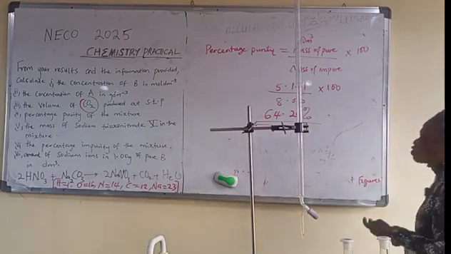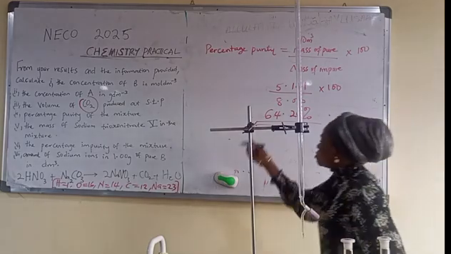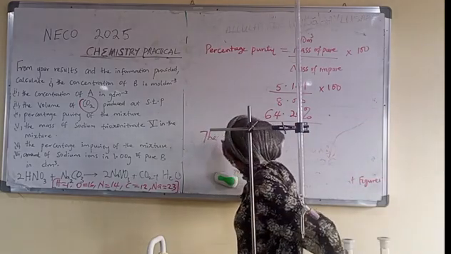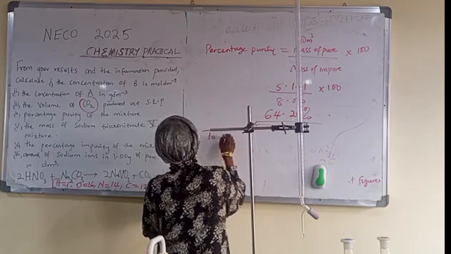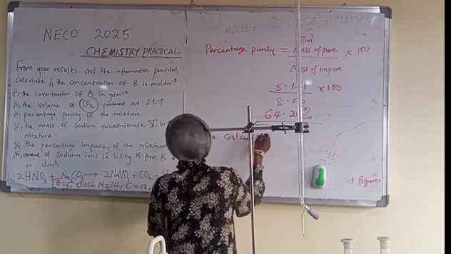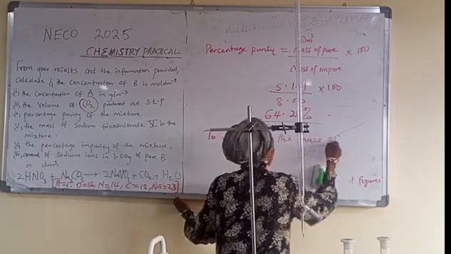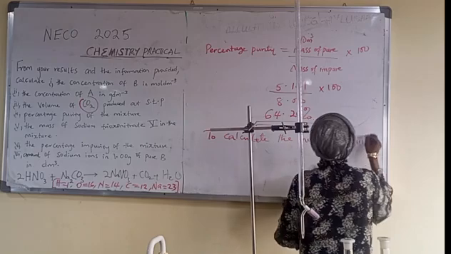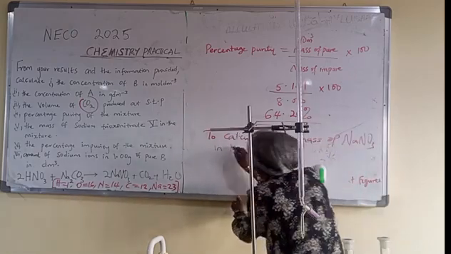Now calculate the mass of sodium nitrate in the mixture. How do you do it? It's very simple. The mixture concentration is this. To calculate, don't forget you have to say: to calculate the mass of NaNO3 in the mixture.